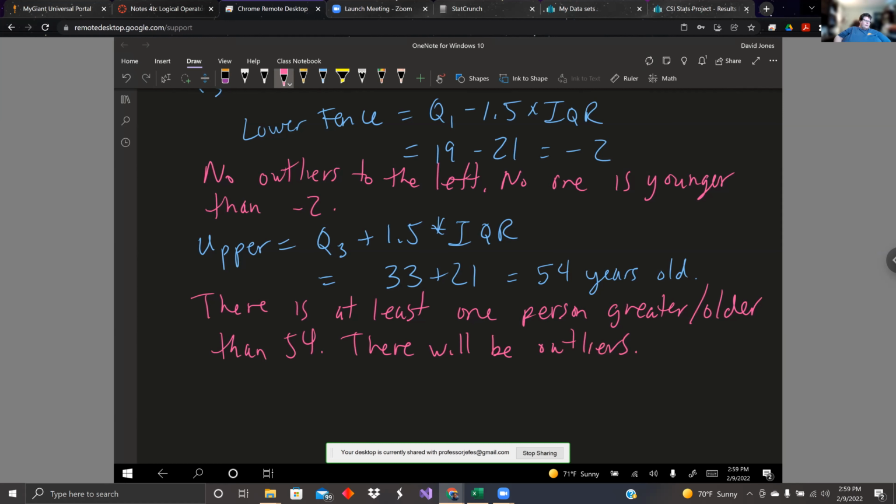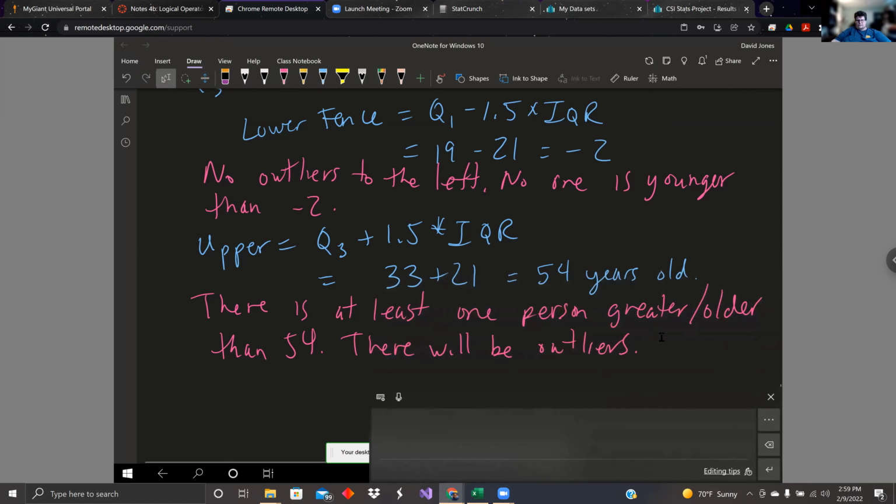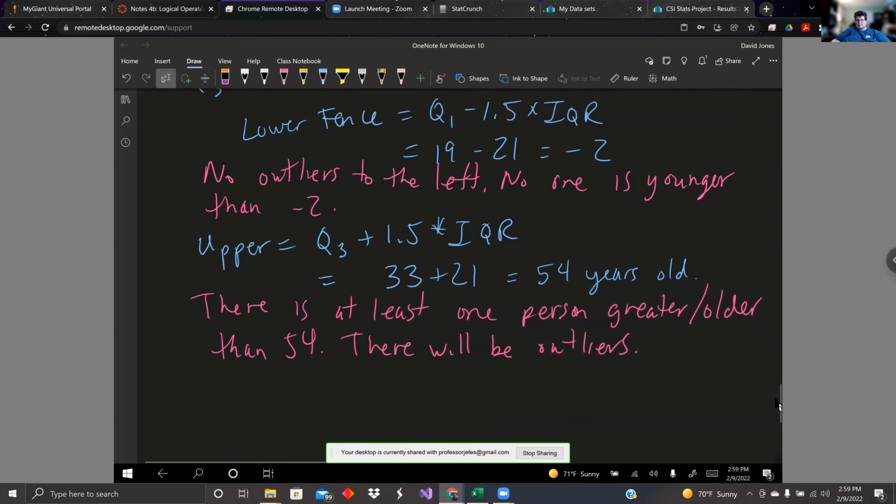That's how we work with the skewed groups. We come back over to the data set and actually look at it, sort it by age, and see just how many people were in that category.